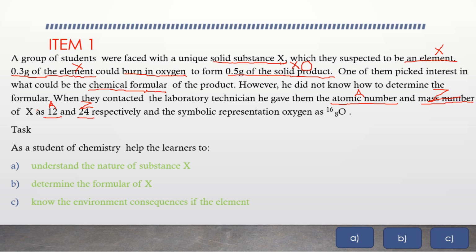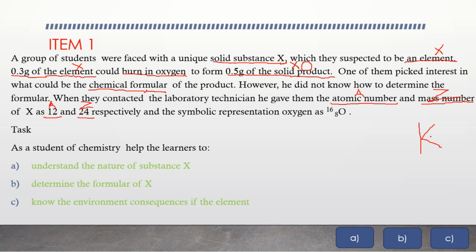Therefore 24 is the mass number of X, and the symbolic representation of oxygen. When you look at this symbolic representation, for all elements, you can go to the periodic table and check.